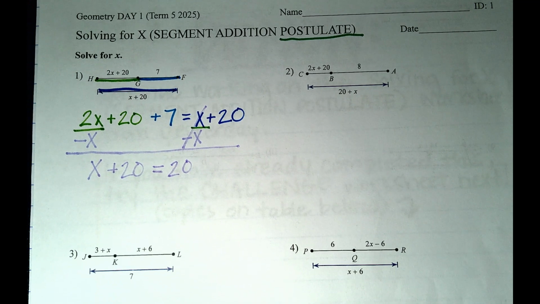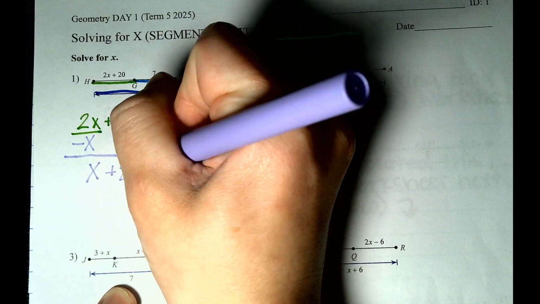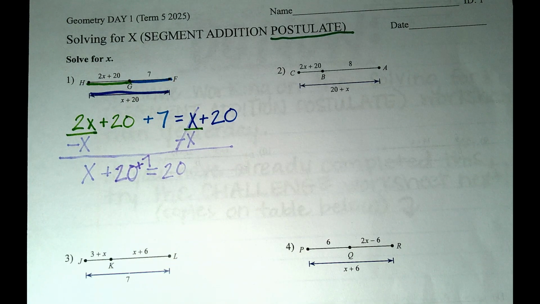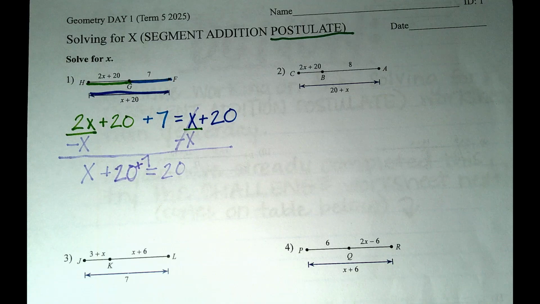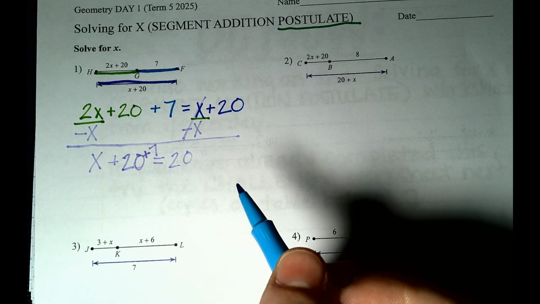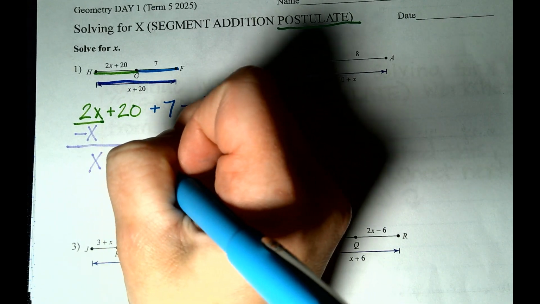What would I do next? You forgot 7. Oh, wow. Thanks. I make mistakes, guys. Call me out. Okay, so plus 7. I would have got that wrong. Okay, so I have x plus 20 plus 7 equals 20. Did I combine all my like terms? No, what else should I combine? The 20 and the 7. I remember doing this yesterday now.